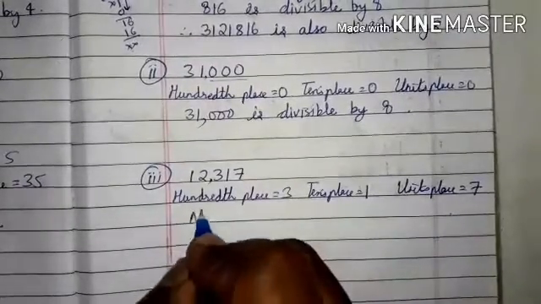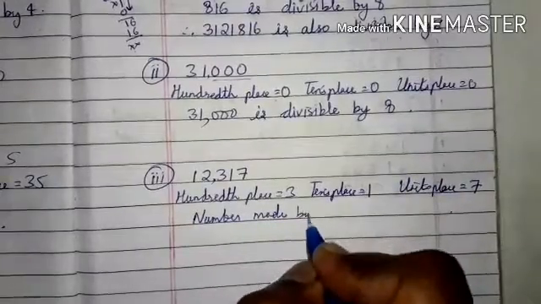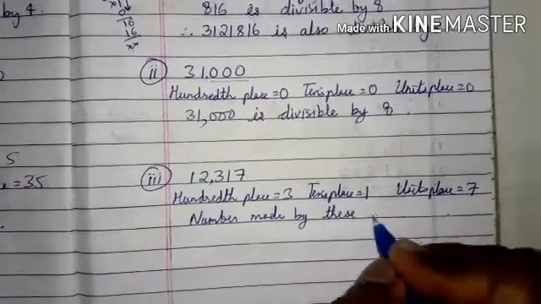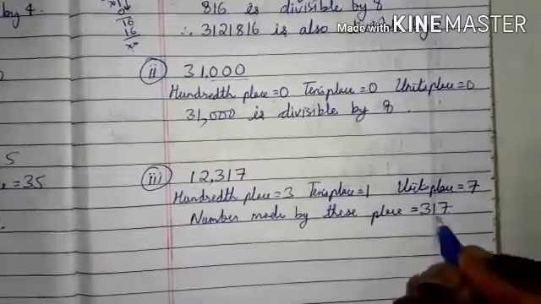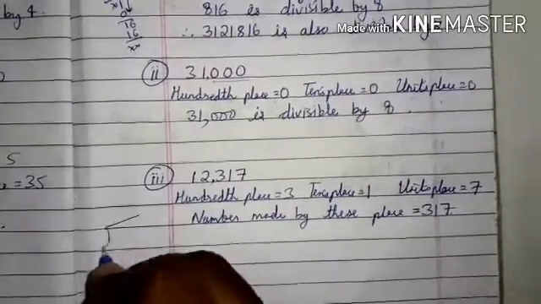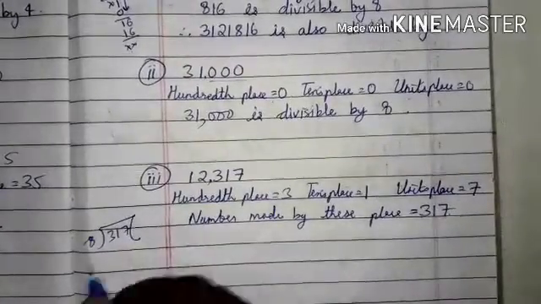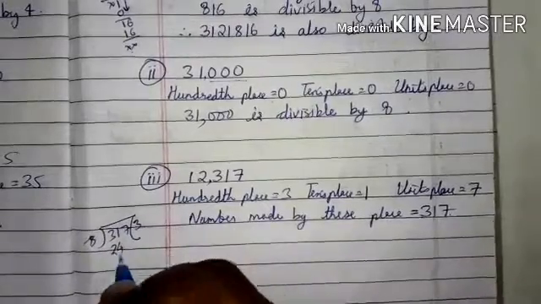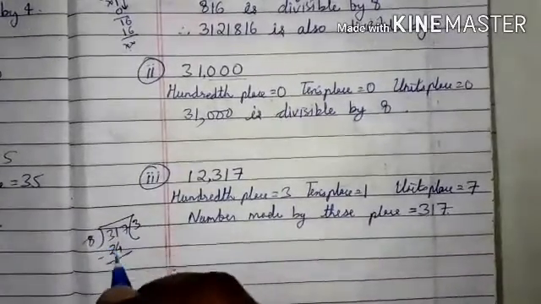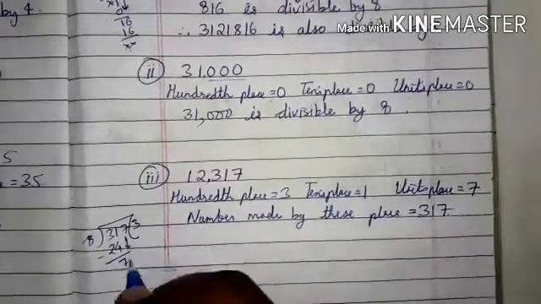So the number made by these places is 317. We have to divide 317 by 8. 8 threes are 24. 31 minus 24, the answer is 7.